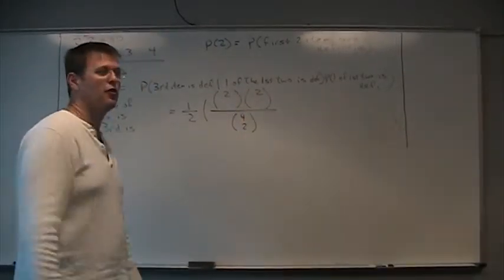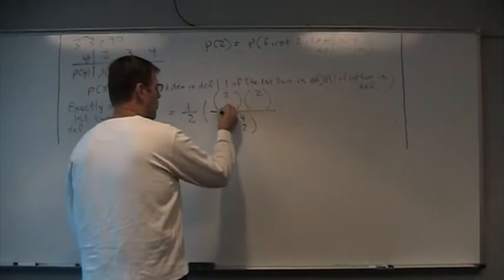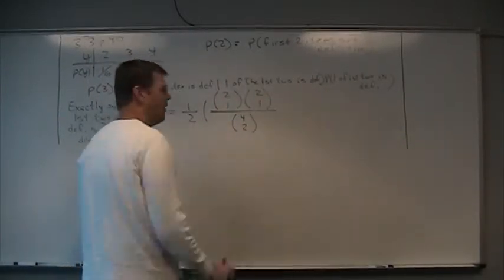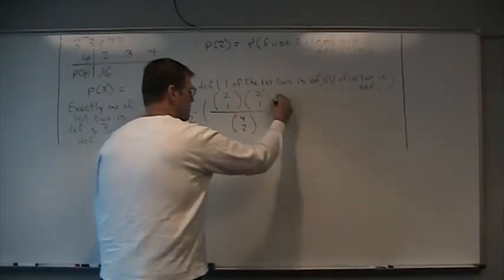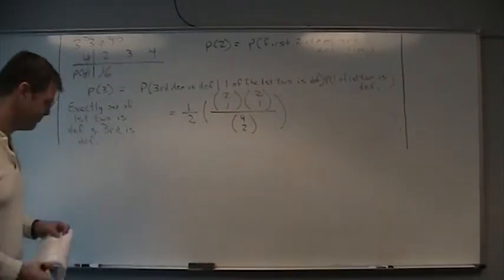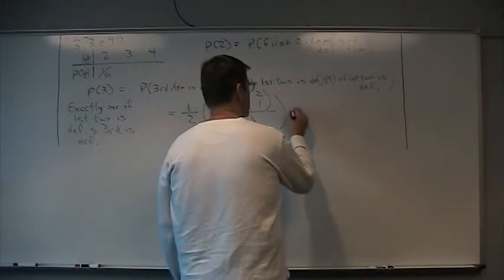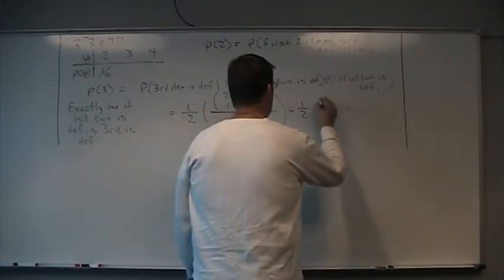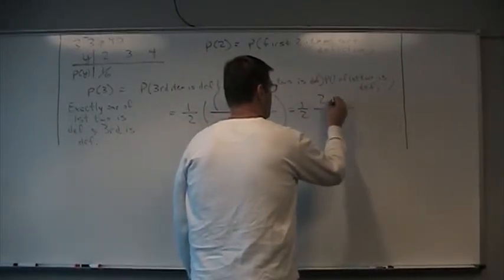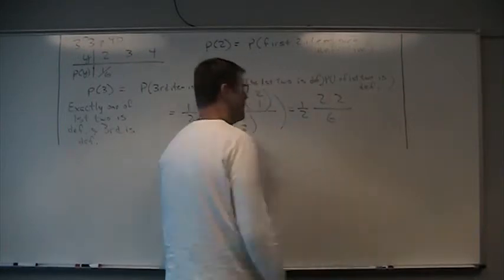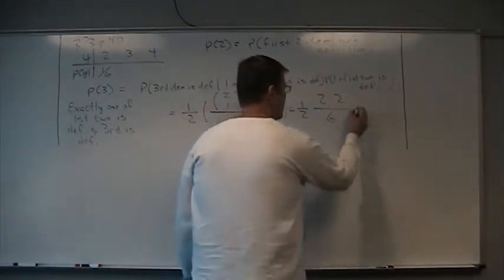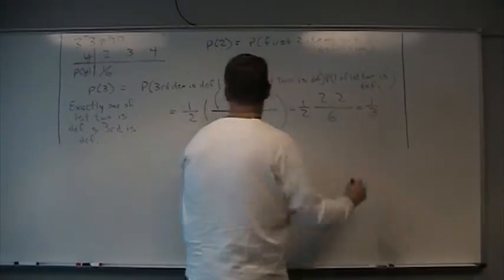And for one of the first 2 to be defective, we choose 1 from the defective group and 1 from the non-defective group. This becomes 1/2 times 2 times 2 divided by 6, and you get a third.